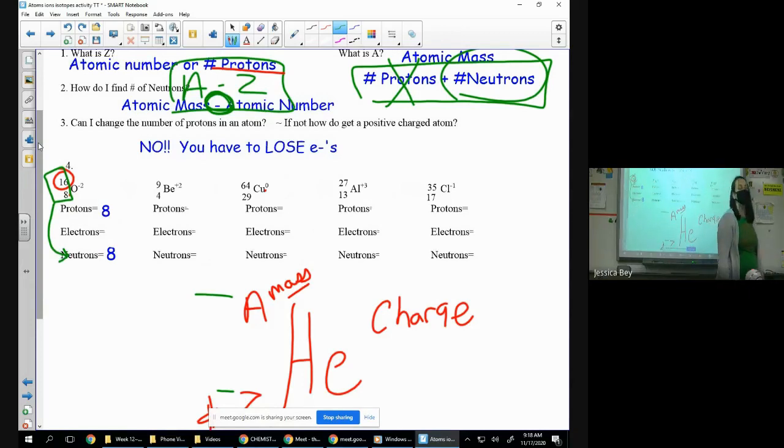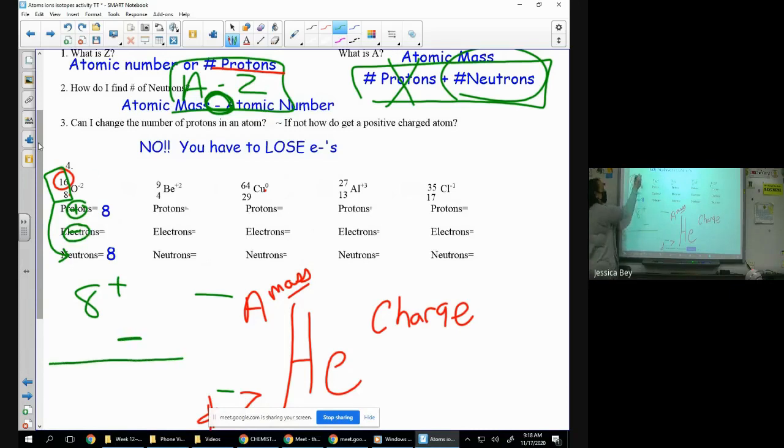Okay, now the hardest thing is charge. So let's try a charge here. What you see is that you have 8 pluses. Remember, protons are positive, electrons are negative. How many negative things do I need? This oxygen is a total of -2. That means I need 2 extra negatives.